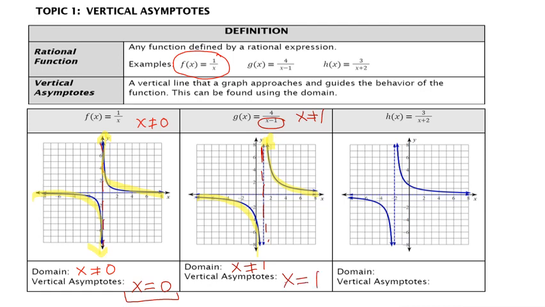So x equals 1 is our vertical asymptote. The graph never touches that line. Finally, for the last one, same idea. x cannot equal negative 2 is our domain. And if I look at negative 2 on my graph, that's again my asymptote. As it gets closer to that line, it goes into positive or negative infinity for y.